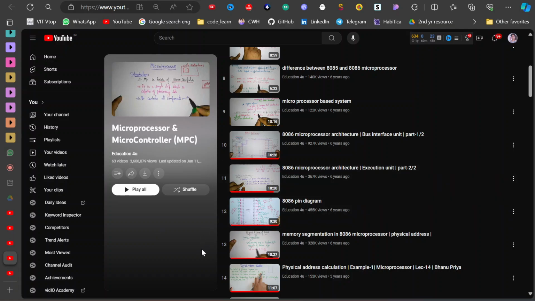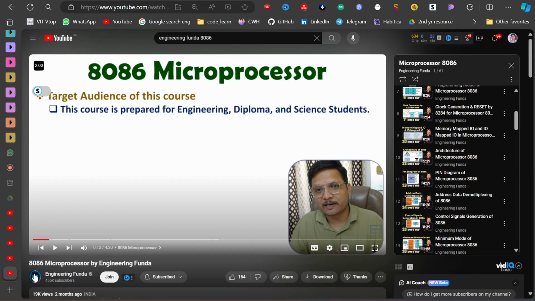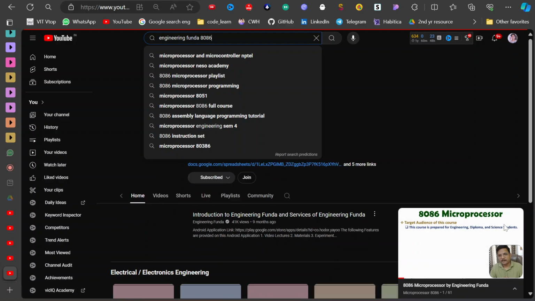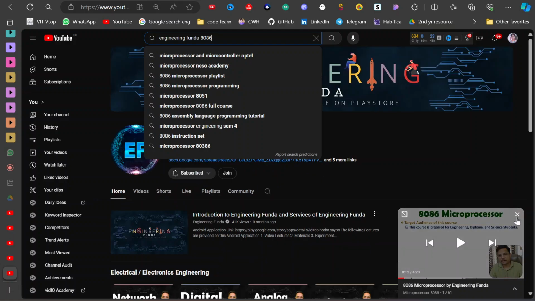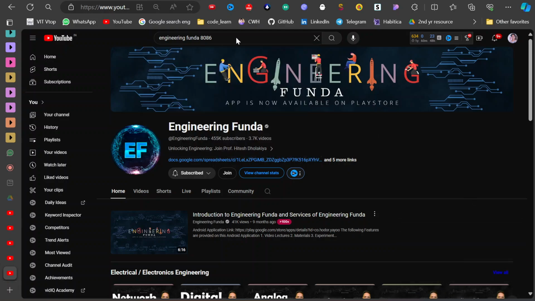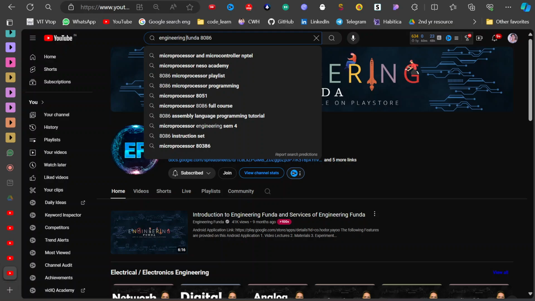Just switch between these playlists if you're not getting the topics, and don't go searching for things like 8086 this and that. Engineering Funda for 8051, the module 3 content, is the best, but don't refer to them for 8086.